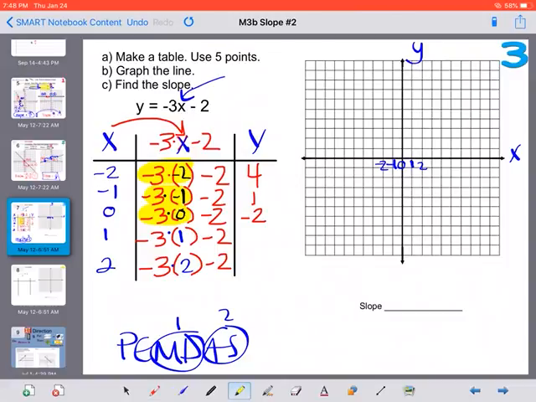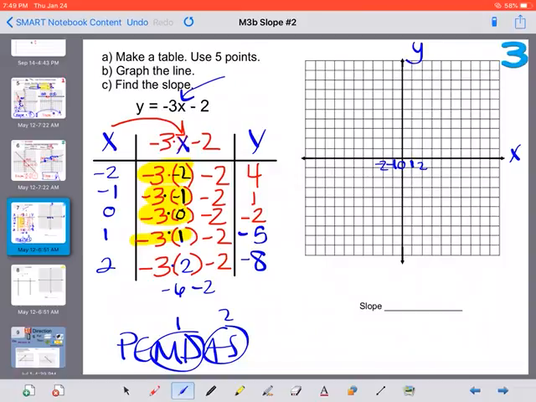Then -3 times 1 is -3. -3 minus 2 is all negatives. That should be a -5. And then our last number here, -3 times 2 is -6, and -6 minus 2, they're all negative, same sign. Add and keep, that's -8.